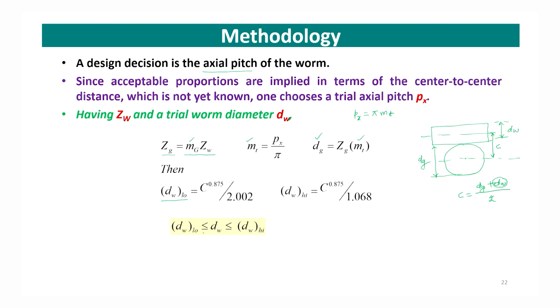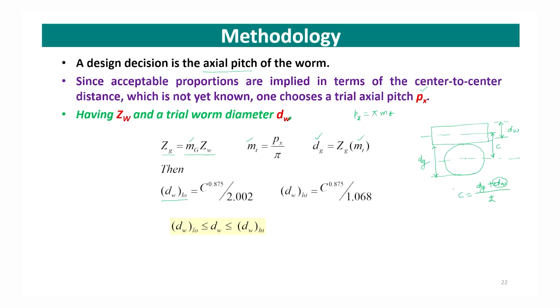So, what we can do is, first of all, we select the Px. From this Px, we get the module, and from the module, we have this dg, and then we will get a value of dw, and we will find the center distance c.